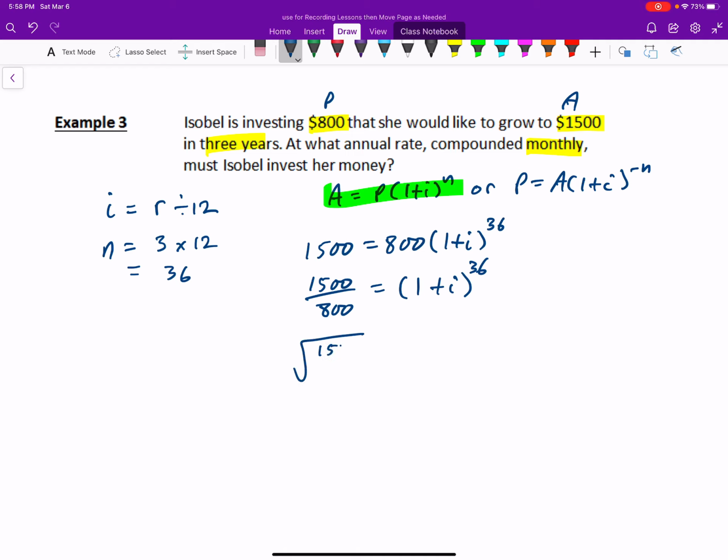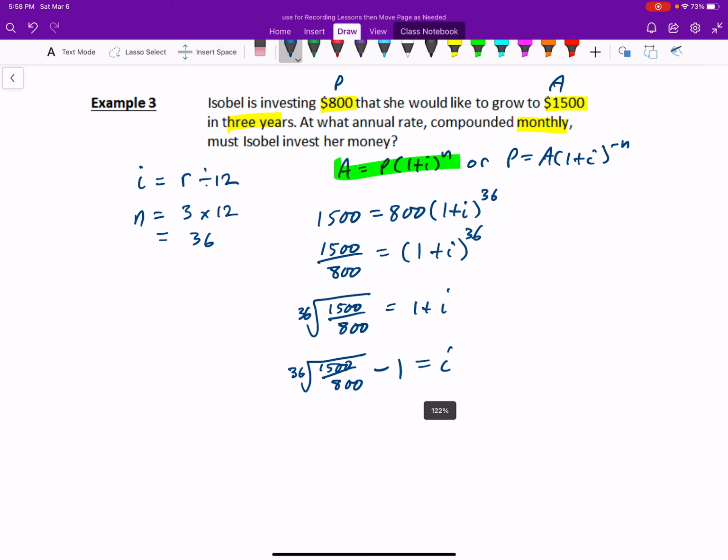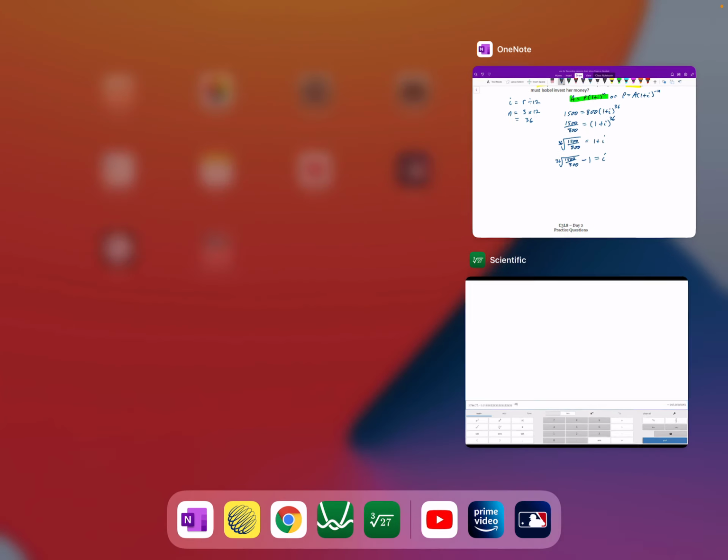So 1,500, I know I could work that out, but I'm just going to write it like this for now. Figure out what that is, then take the 36th root. That's going to leave me with 1 plus I. And then the last thing I would do is I would end up subtracting 1 from each side so that I've got I by itself. So let's do all that at once.